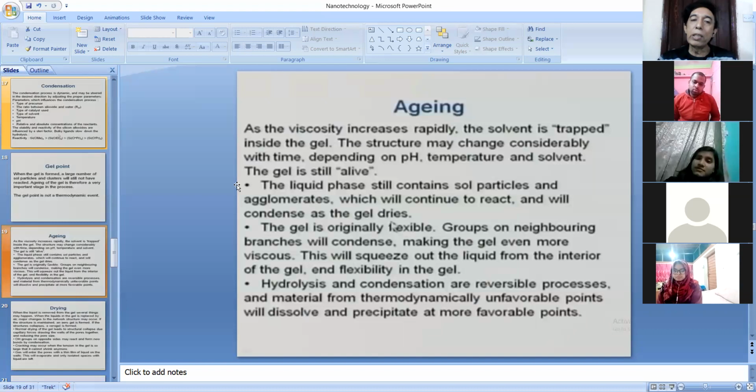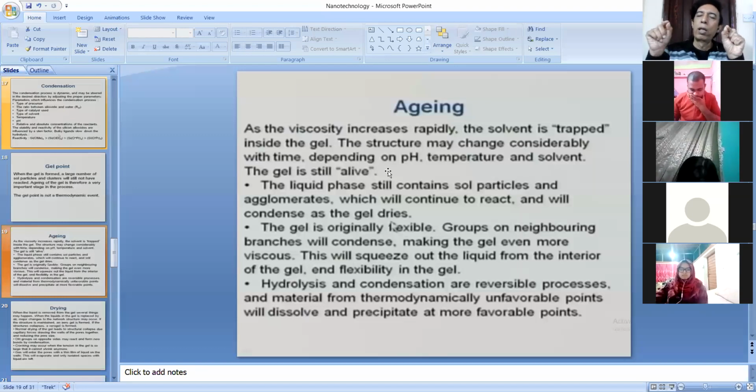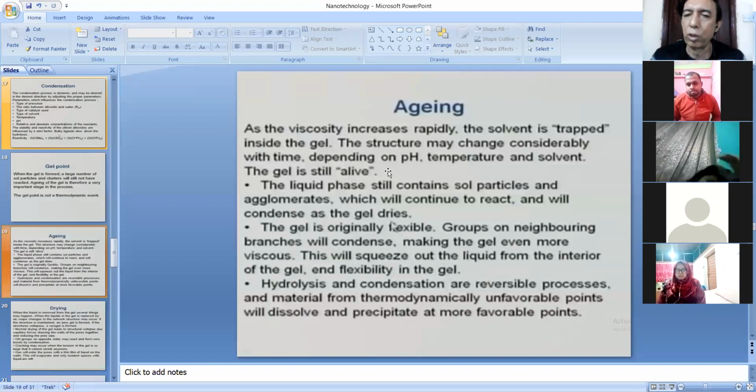The gel is still alive. The gel is still alive means the gel is still forming. In the time of aging, the gel is still forming. Actually, from the start of the gel point, that means the start of forming gel, up to the last formation of gel, the time is aging.